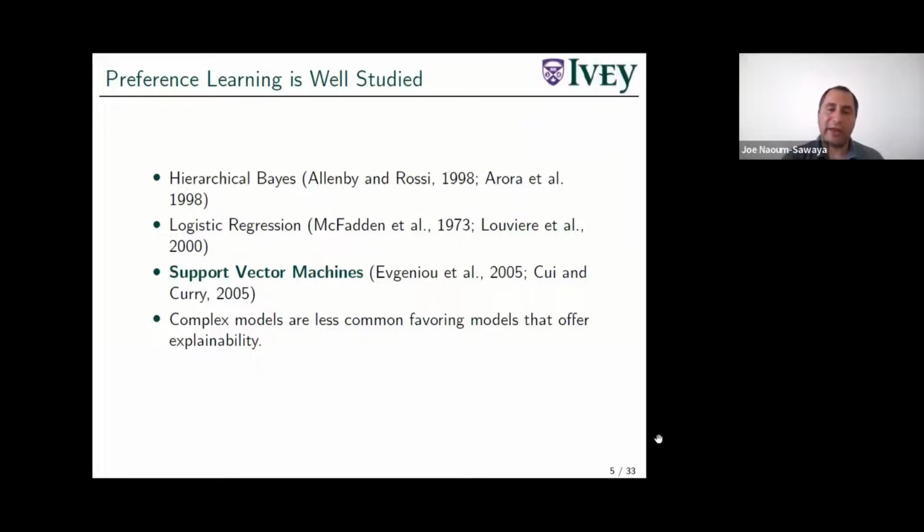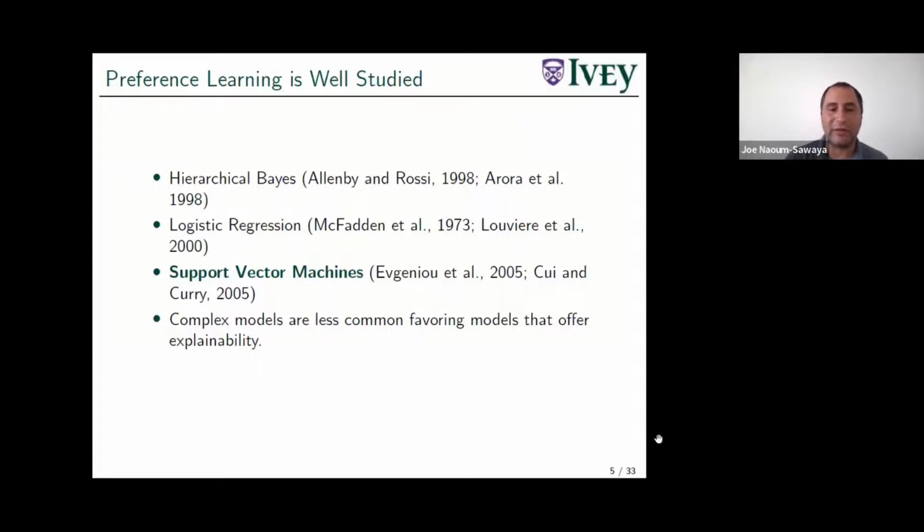With that being said, if we look at the literature, there has been less interest in looking at more complex models than, for instance, logistic regression or support vector machines, simply because there is a lot more interest in explainability and simplicity of the models, mostly because they drive marketing decisions and investment decisions.